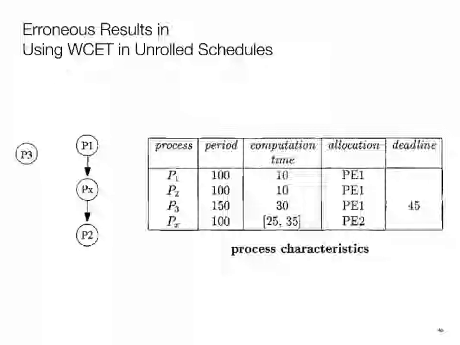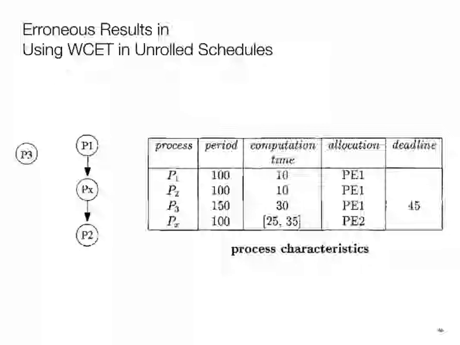Okay, it's a contrived example, but we saw that computation time can have uncertainty. In general, all of them could be uncertain, but let's just focus on this one being uncertain. And let's say I have mapped P1, P2, P3 on processing element number 1 and Px on processing element number 2.